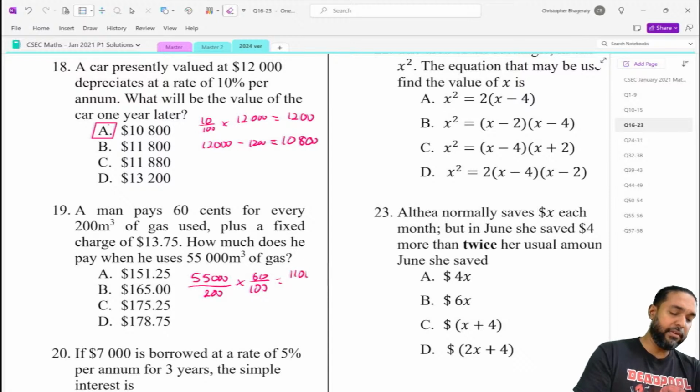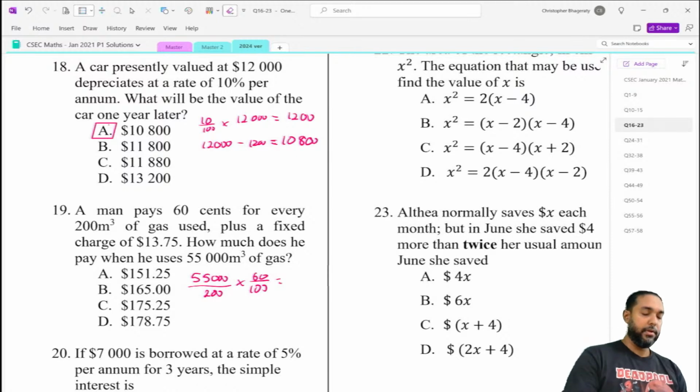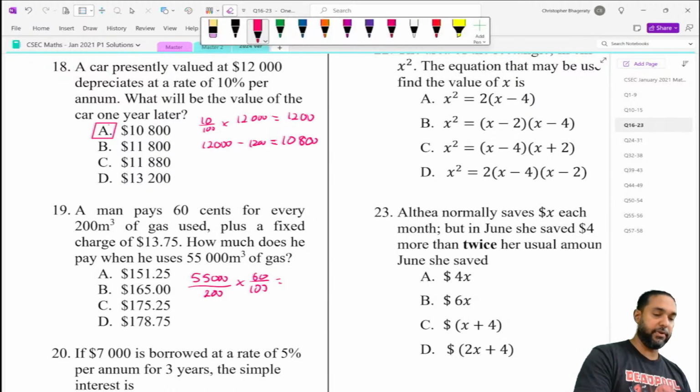You get 11,000 over 200, which is 33. Sorry, my brain.